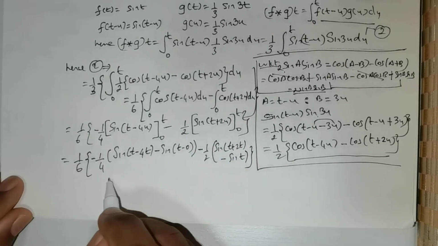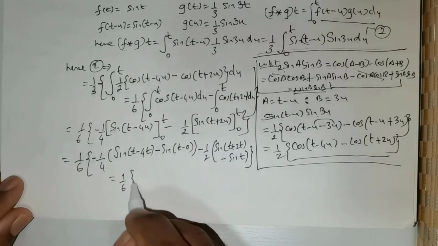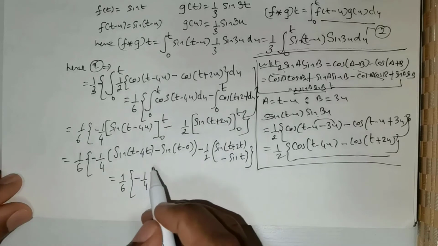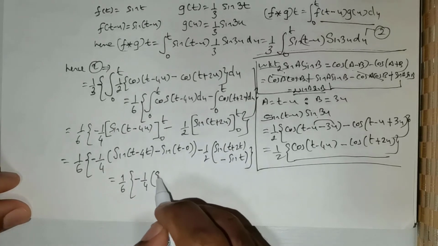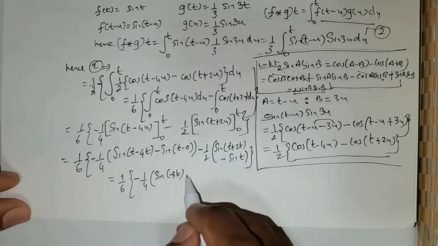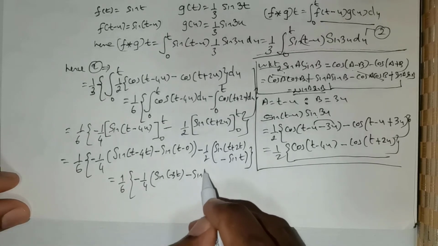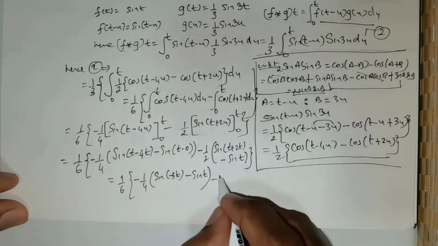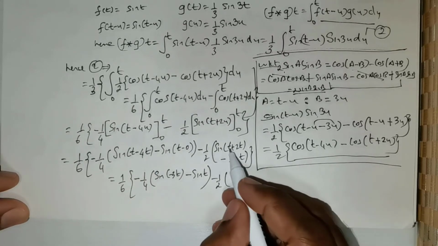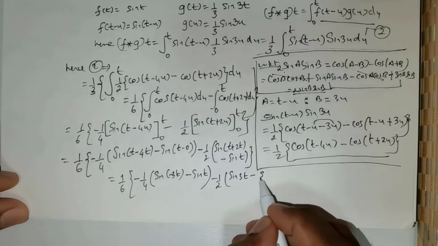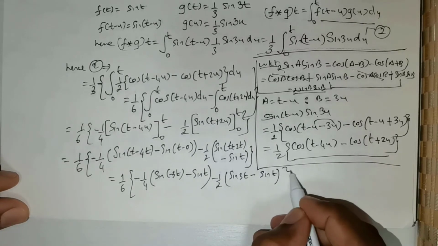Right? Now this is equal to 1 over 6 times negative 1 over 4 times, t minus 4t is going to give me sine of negative 3t, followed by negative sine of t. Okay, so that's for this part. Now negative 1 over 2 times sine of t plus 2t is going to give me sine of 3t minus sine of t.